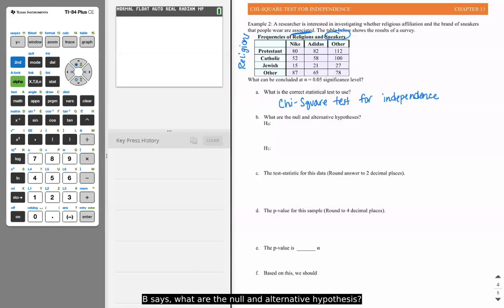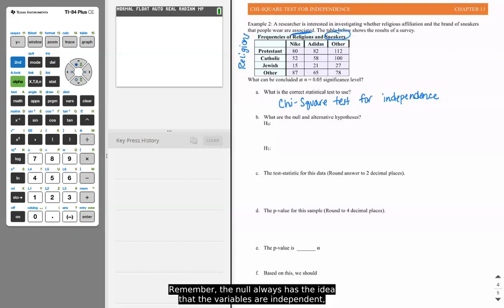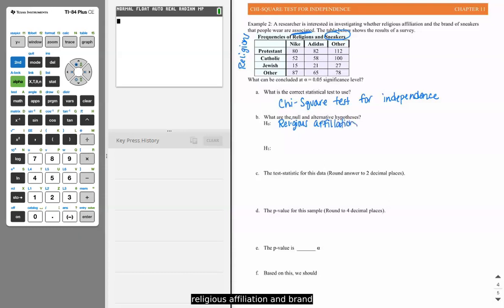So B says, what are the null and alternative hypotheses? So remember, the null always has the idea that the variables are independent, and the alternative is the variables are dependent. So we would say that religious affiliation and brand of sneakers are independent.